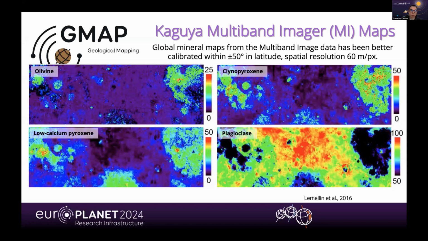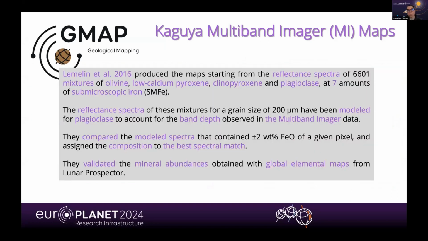In this case, they use a model to derive this data. In particular, they use more than 6,600 mixtures of olivine, pyroxene, low calcium pyroxene, clinopyroxene, and plagioclase, so the main mineralogical phases present on the moon. And also the submicroscopic iron.